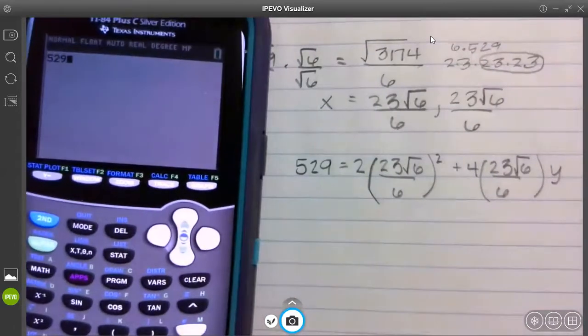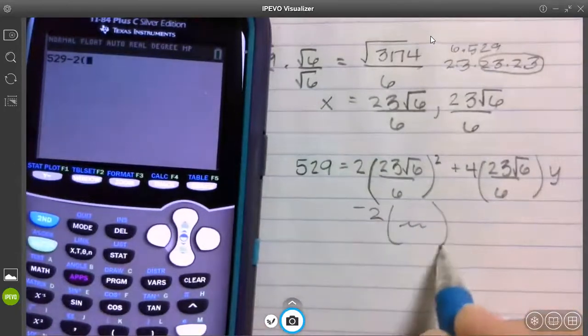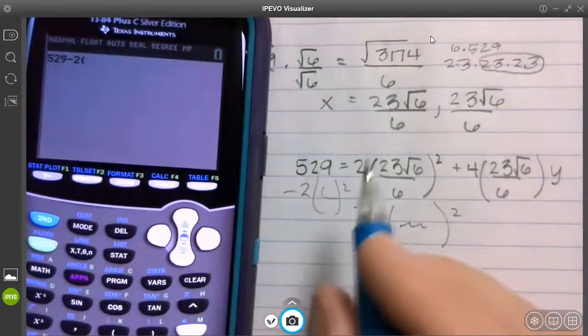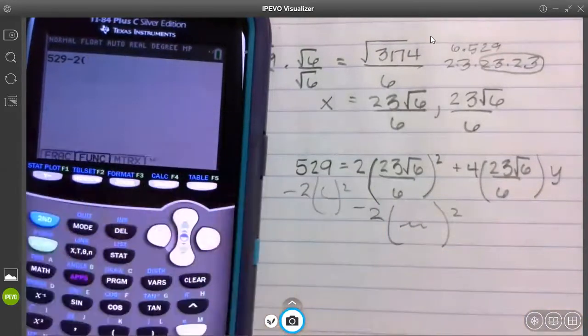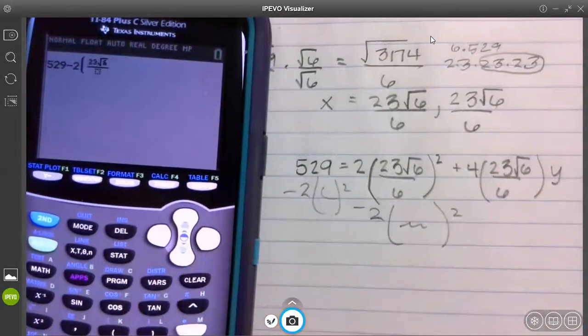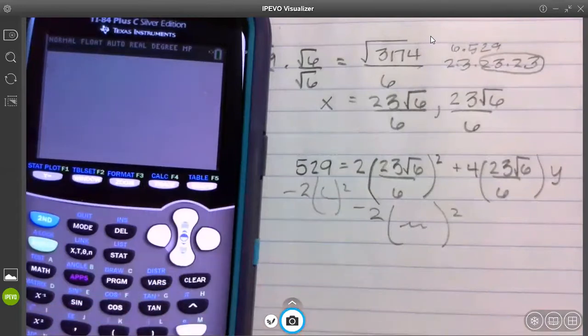So we had 529. We're going to subtract 2 times all of this squared. Alpha y equals 23 square root of 6 over 6 squared. Then we get a nasty decimal.